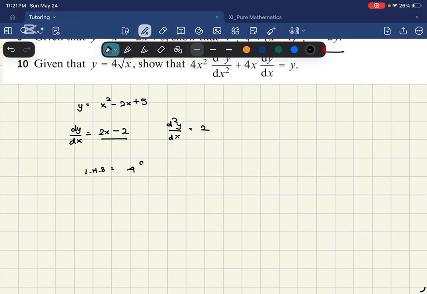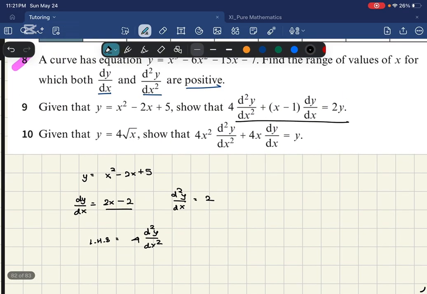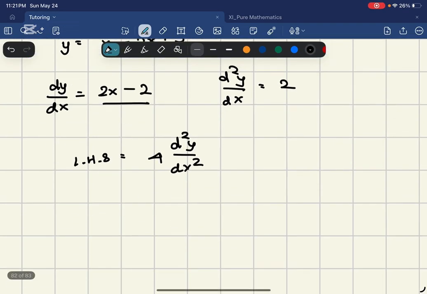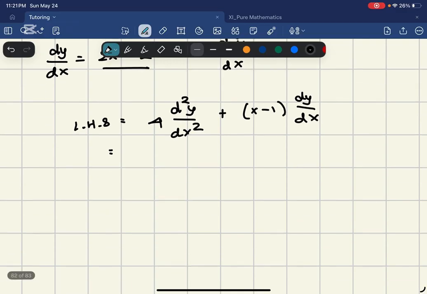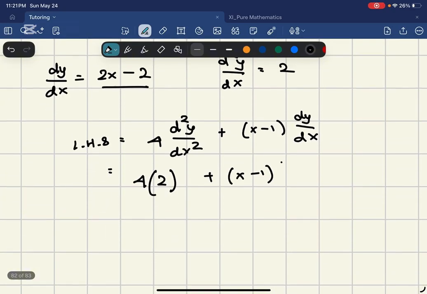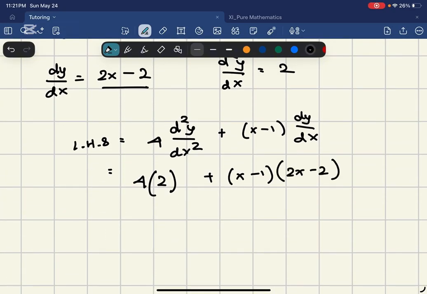It's 4 d squared y by dx squared plus x minus 1 dy by dx. And now let's just substitute in values. 4 d squared y by dx squared, this is 2. X minus 1 times dy by dx is 2x minus 2.